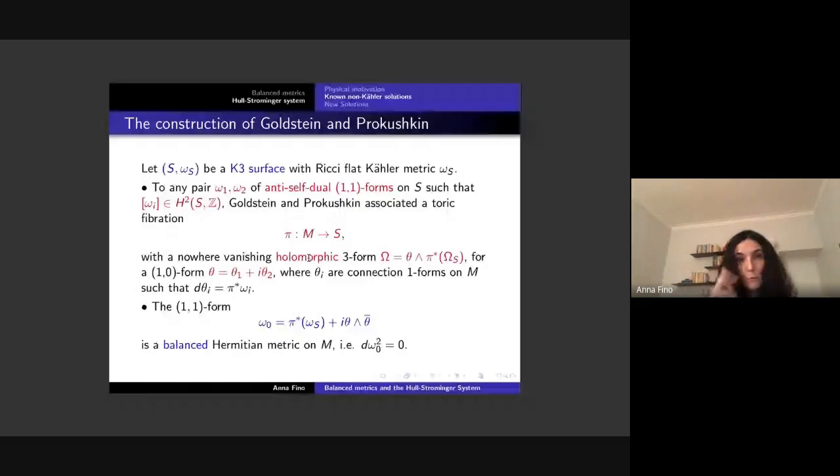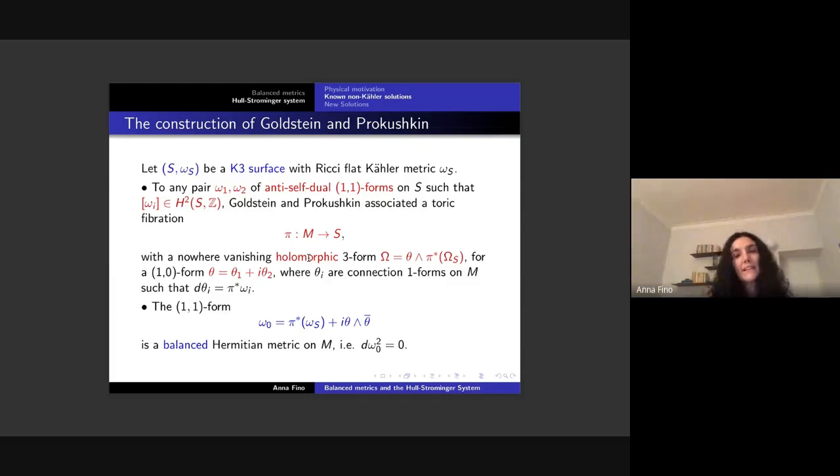With a real part and imaginary part, theta 1 and theta 2 are determined by the condition d theta i equals the pullback of omega i, where the pullback of the (2,0)-form big omega S on S. Okay?